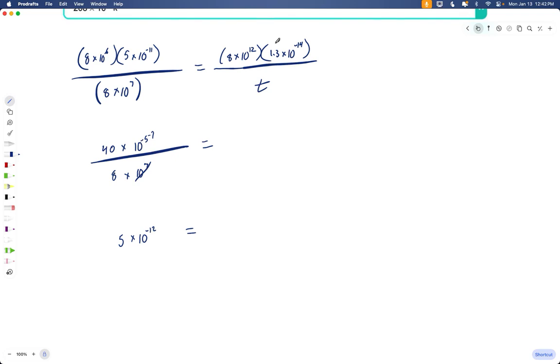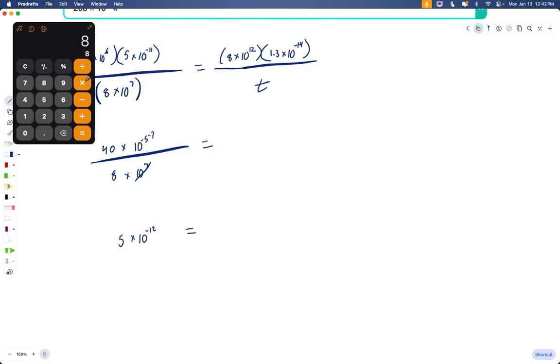I think that's going to be 10.4. 8 times 1.3, yeah, 10.4. 10.4 times 10 to the negative 2 over t. Okay, put this in proper form. So we add 1. That's going to be 1.04 times 10 to the negative 1 over t.